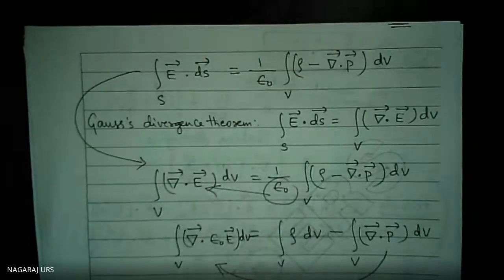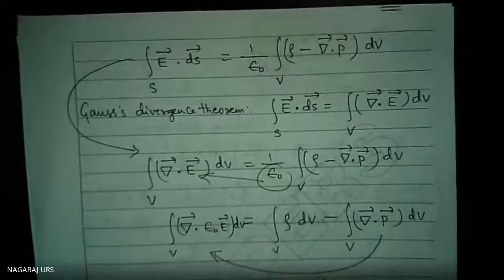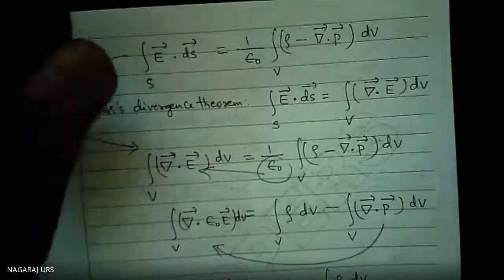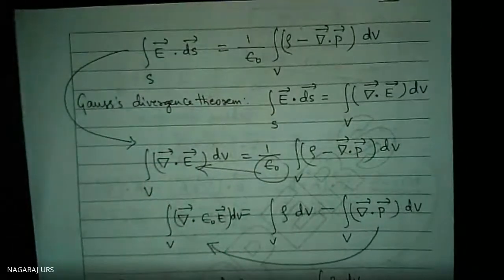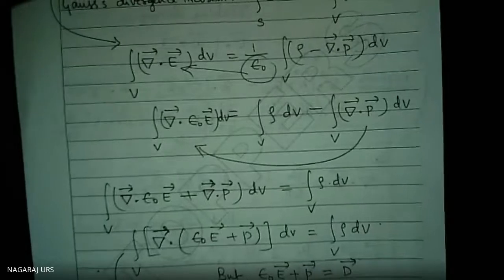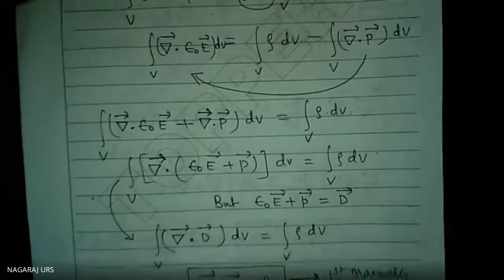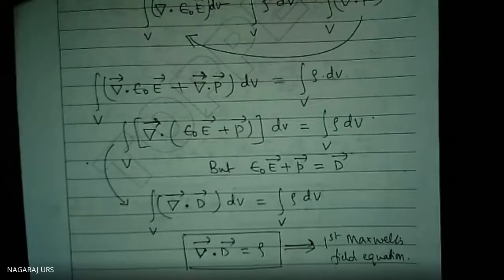Arrow marks also you can write, no problem. What you are doing, you can show it, no problem. We don't want a good amount of neatness, not necessary. We want good mathematics. A good mathematical approach we require. This was the first Maxwell's field equation.